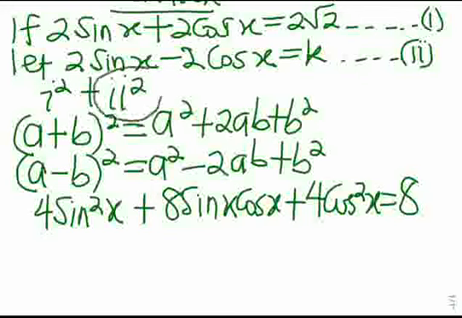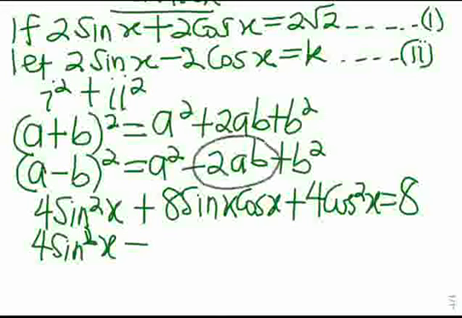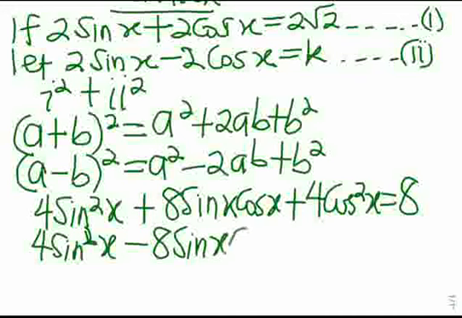Now let me square the second equation. 2 sin x all squared, following this, will give the same 4 sin square x. And then minus 2ab, we're using minus 2 to multiply a and also multiply b. That will give us minus 8 sin x cos x.